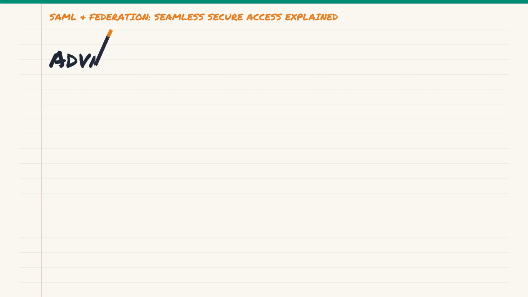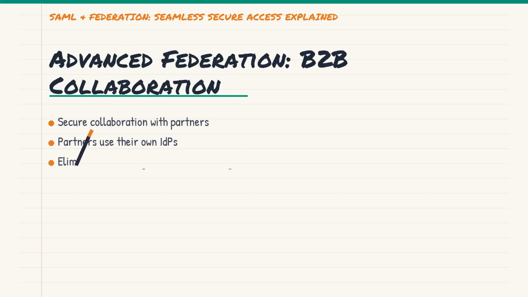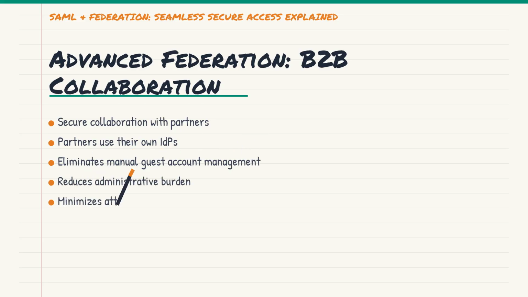Beyond just SSO for your own employees, federation is huge for B2B collaboration. Think about supply chain partners, vendors, or even joint ventures. SAML allows them to use their own IdPs to access your company's resources, or vice versa, without you needing to manage their accounts directly.